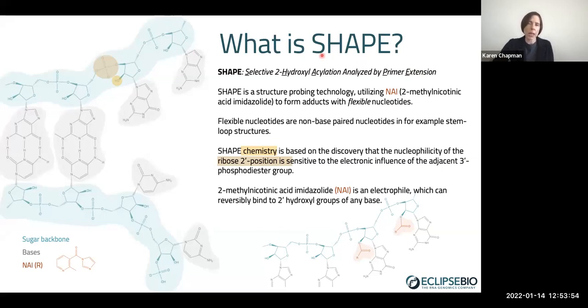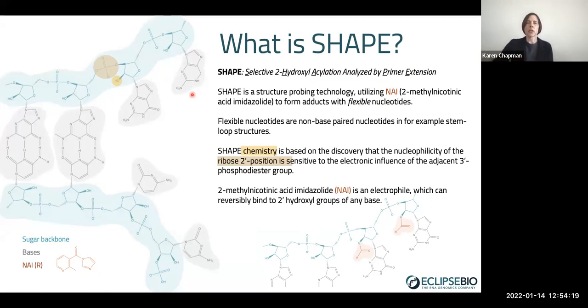So CHAPE at its core is derived from treatment using, I'm just going to call it NAI here, which is a chemical that can form adducts with the 2' hydroxyl of RNA molecules when that particular nucleotide is in a flexible position or accessible.